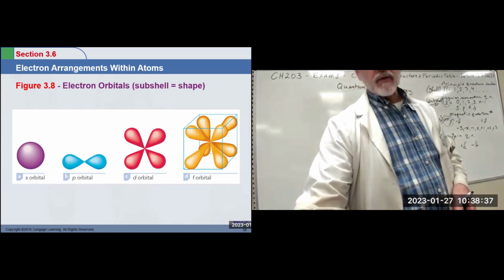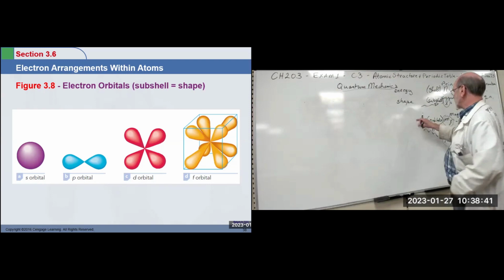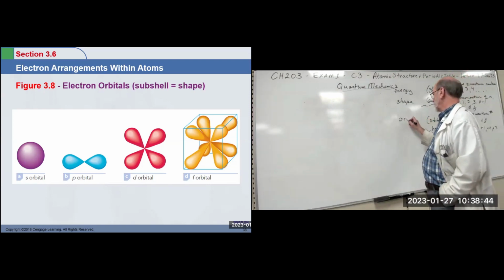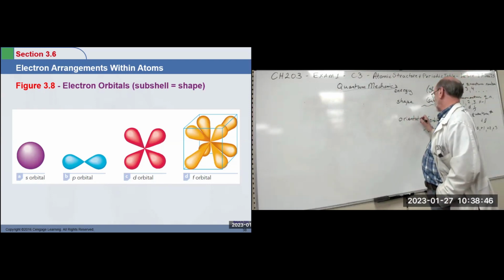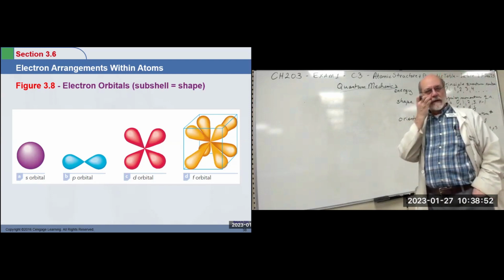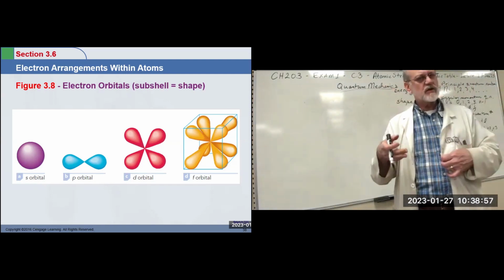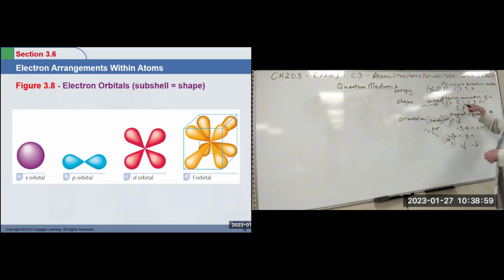So that's what these shapes represent. And let's see, energy, shape. This is orientation. So the M sub L, or the orbitals, are represented by orientation. And the best example to understand orientation is to look at the p orbitals. These right here, where L equals 1, you have p, and you can have three possibilities, right? -1, 0, +1.